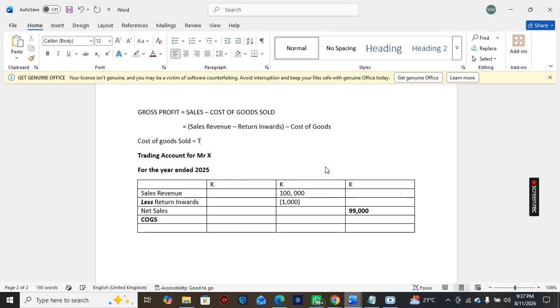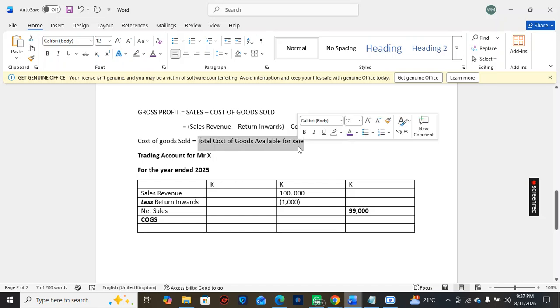you need to get the total cost of goods available for sale. This tells us, for all the cement that we had that year, what was its total cost? Everything that you have, the total value of everything in your shop or your factory.